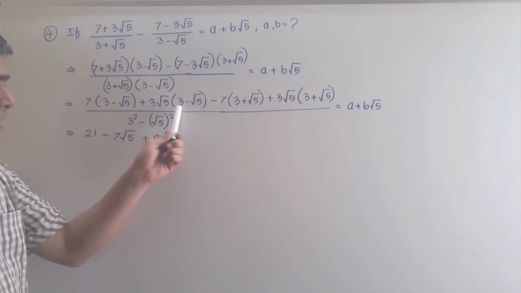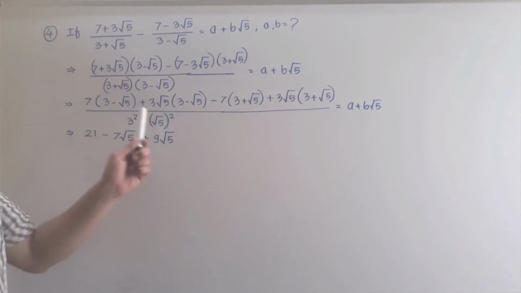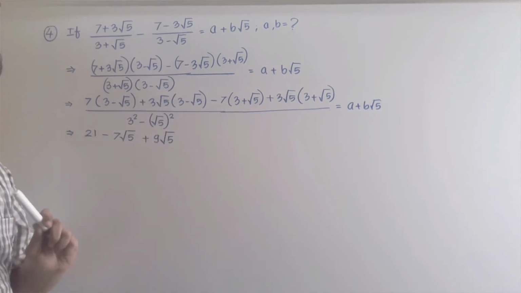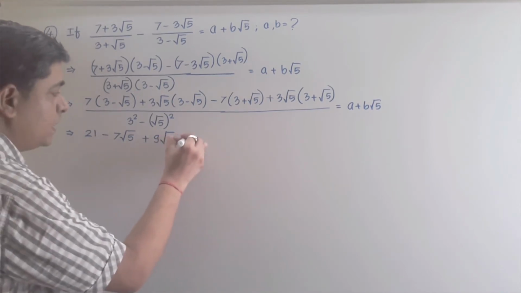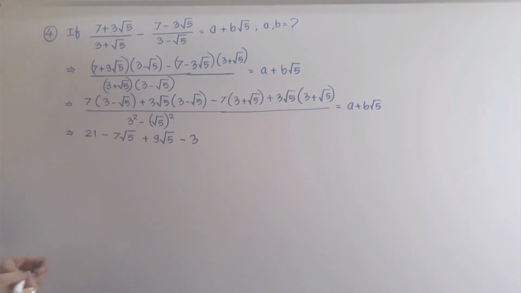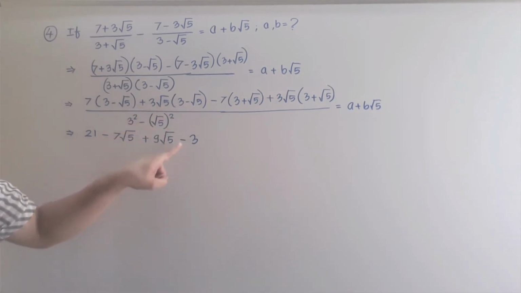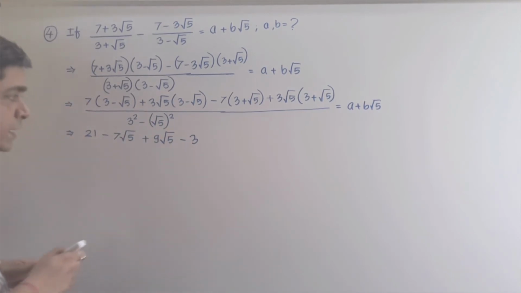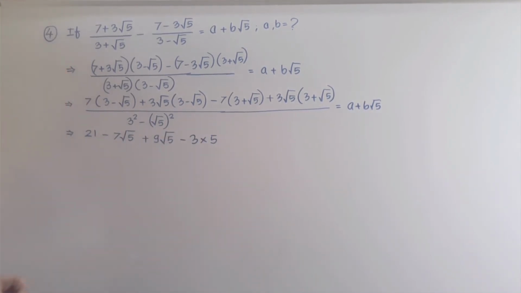So 3 and 3 are similar, and root of 5 I am writing as it is. While in the next term you observe 3 root of 5 I will multiply to root of 5. So root of 5 and root of 5 will multiply, while 3 I will write down as it is. I hope the signs are clear to you. Here plus multiplied to minus will become minus. So 3 I am writing as it is, into root of 5 into root of 5 will become 5.